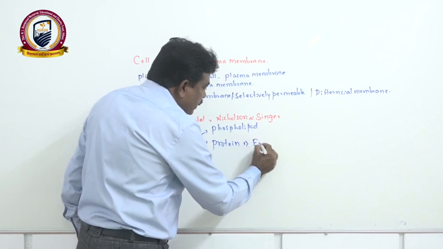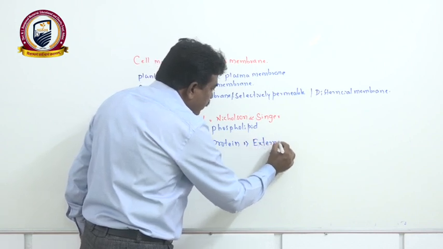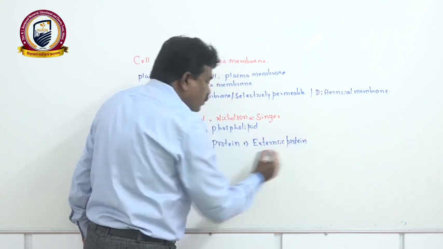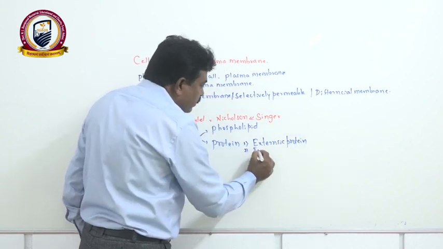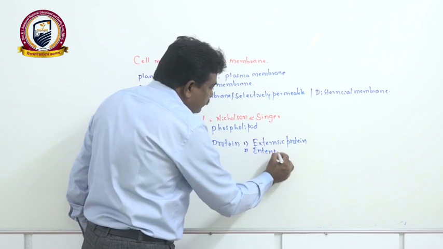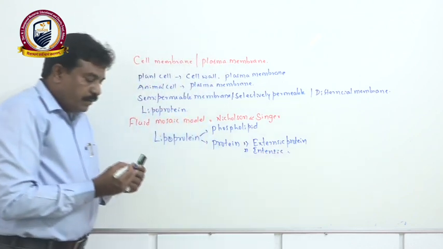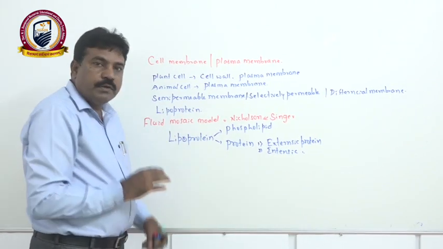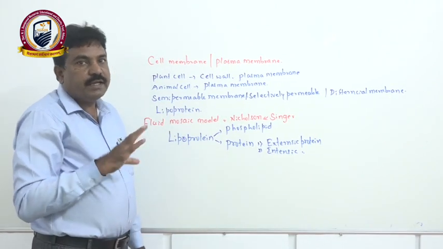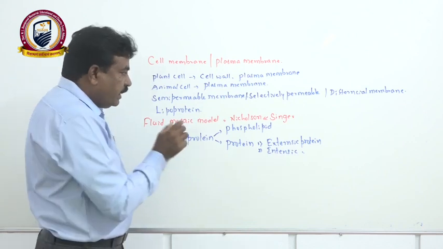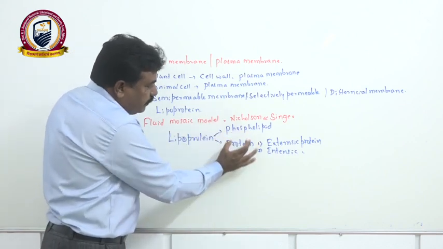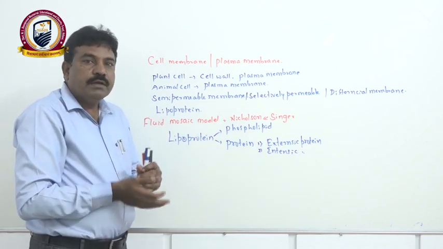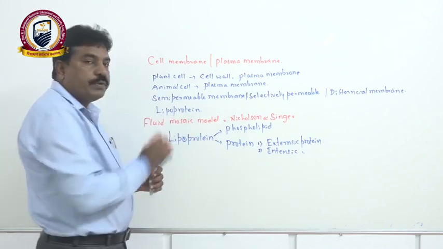One is extrinsic protein; the name itself indicates these are proteins that remain outside. The second is intrinsic protein. Here we have to discuss in detail the phospholipid molecule structure and chemical composition. Later we have to discuss how these phospholipid and protein molecules are arranged in the cell membrane according to the fluid mosaic model.